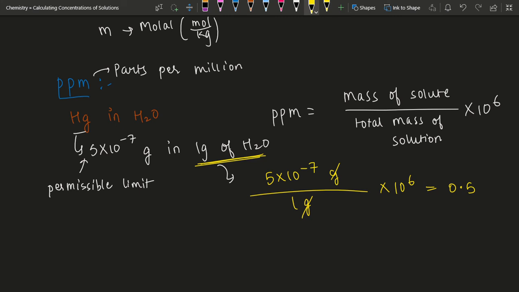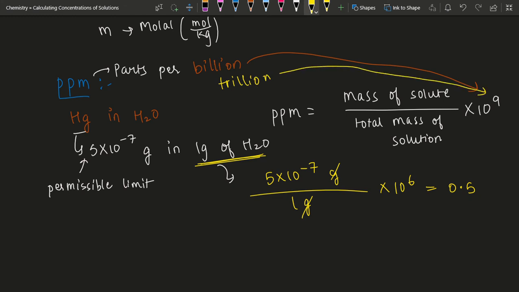And there is also parts per billion, parts per trillion. Instead of having parts per million, you have parts per billion. In that case, instead of a million here, you write a billion, so 10 to the power 6 becomes 10 to the power 9. If you have a trillion, 10 to the power 9 changes into 10 to the power 12, and you can go on and on.